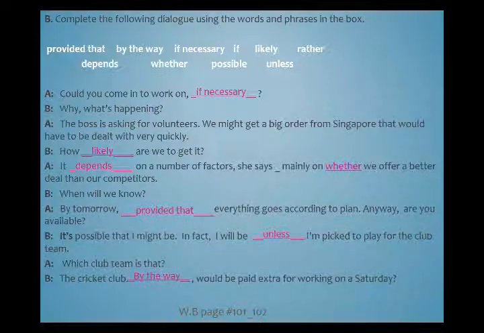We might get a big order from Singapore that would have to be dealt with very quickly. B: How likely are we to get it? A: It depends on a number of factors. She says mainly on whether we offer a better deal than our competitors. B: When will we know? A: By tomorrow, provided that everything goes according to plan.